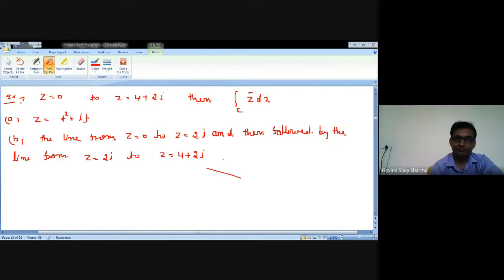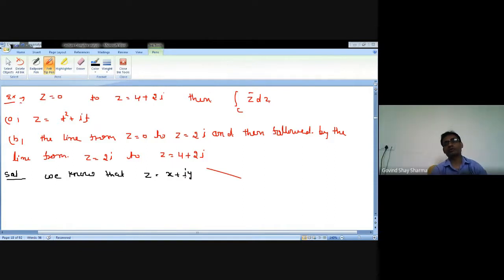So here, first of all, we know that z is equal to x plus iota y. So we find the value of x and y in terms of t. What is the value of z bar?